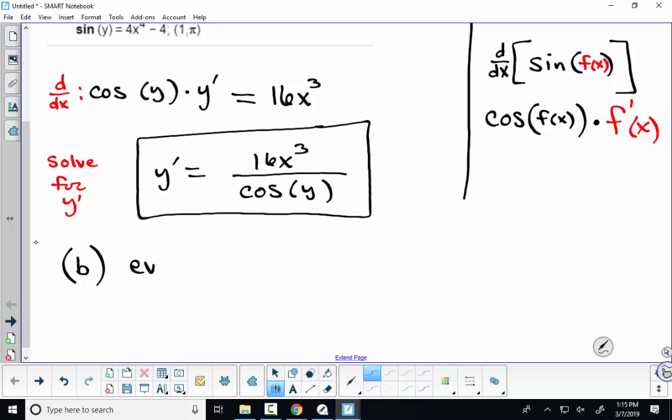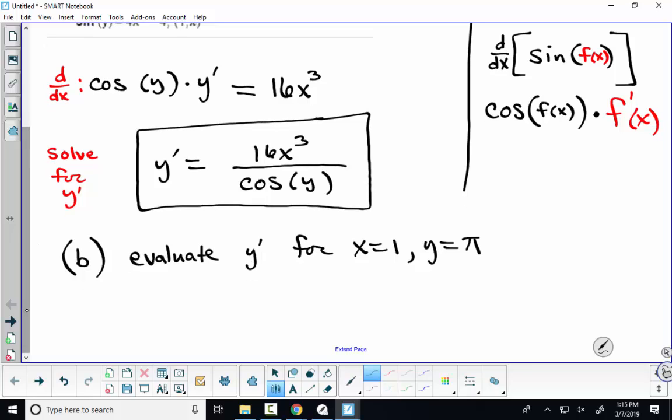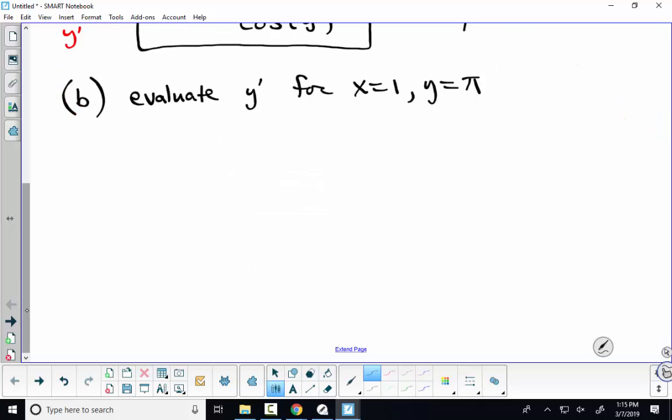So evaluate y prime for x equals 1, y equals pi. 16 times 1 cubed over cosine of pi gives us what?